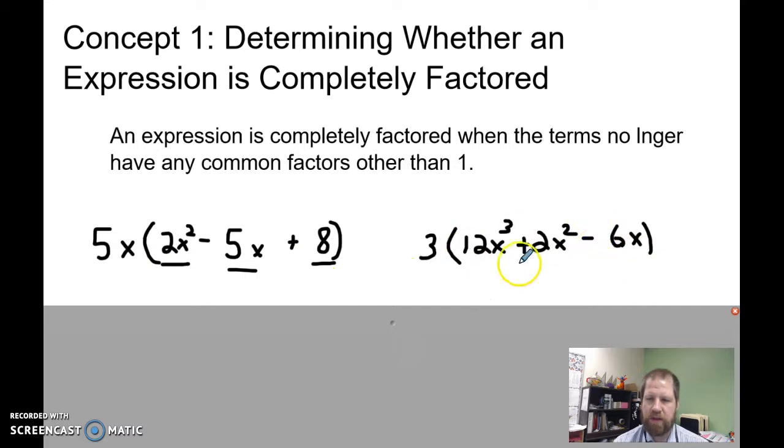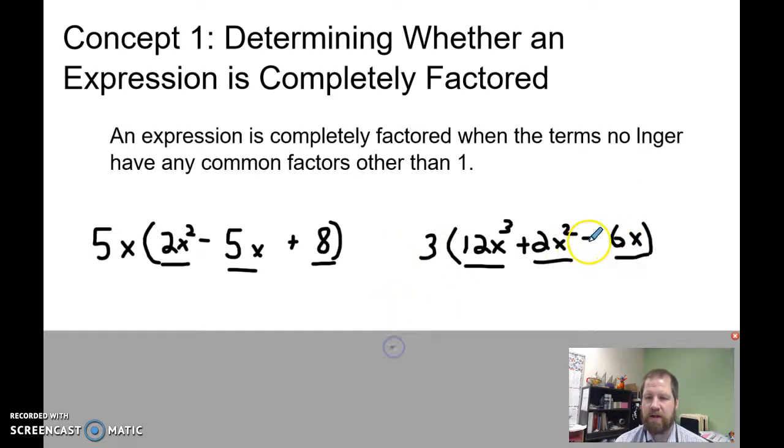Alright, if I have this situation, I factored out a 3, but I have 12x cubed, 2x squared, minus 6x. I do still have a common factor here, so I'm going to need to factor that out and multiply it by 3 to completely factor this.